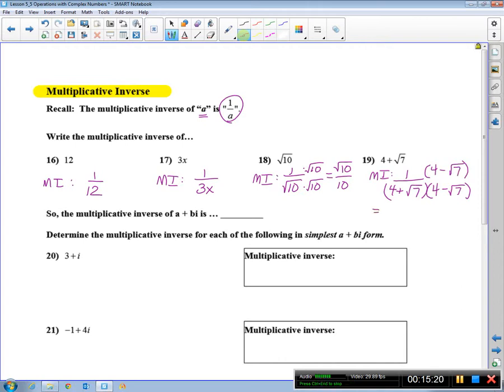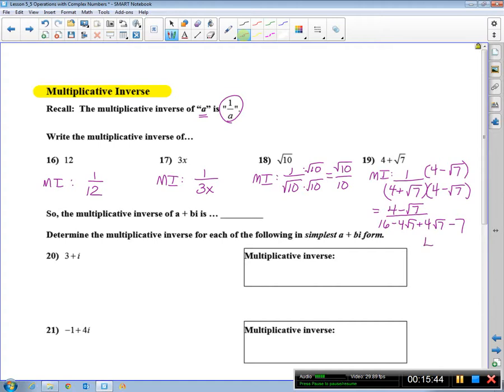So let's see. In the numerator, 4 minus the square root of 7. And let's see, we would get 16, drop out, minus 7. Right?